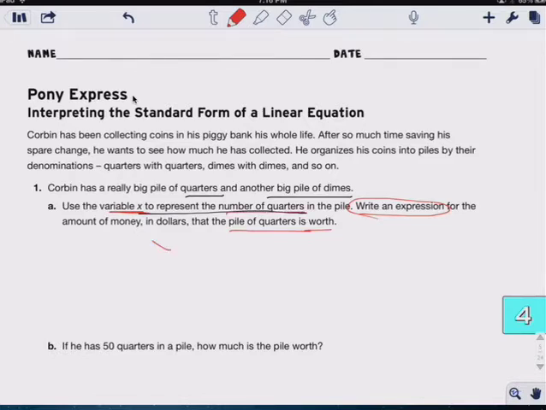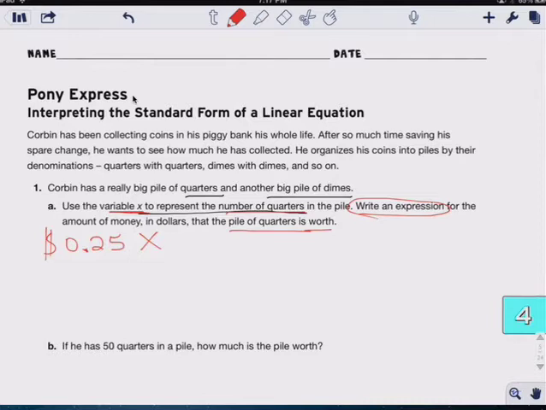So we got x. Okay, how much is a quarter worth? So how many quarters we have times 25 cents will determine how much money we have, correct?